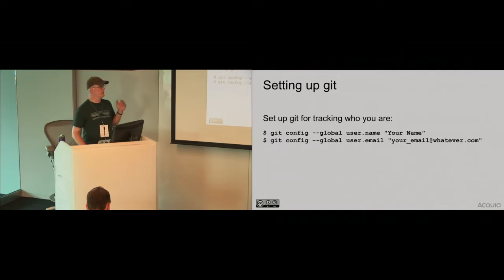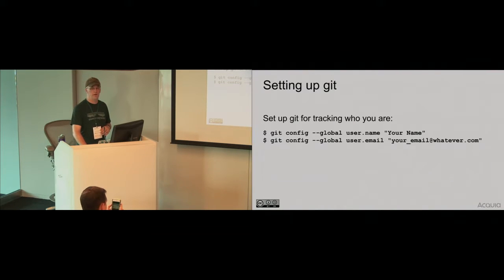There's really only two things you need to do to get set up once you've installed Git. One is to tell Git what your name is and what your email is. And you can override these for each project. So for example, at Acquia, my machine is set up with my Acquia account. But if I'm doing purely Drupal.org work on my own time, I'll often have it set to my Gmail account, because that's what Drupal.org knows me as, so that helps with the attribution.